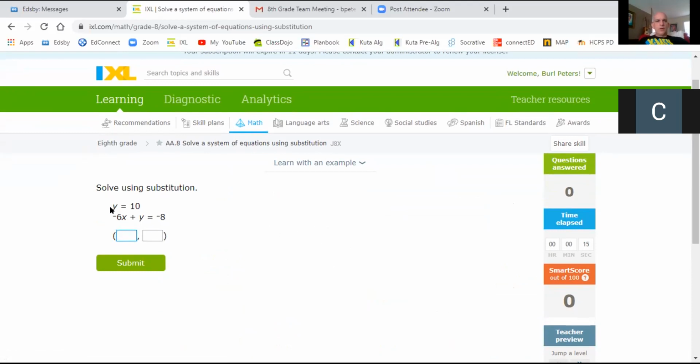So you'll see where one of the equations already tells you a portion of the solution. This first equation here says y equals 10. Well, y equals 10 means that the y value is going to be 10. What I need to then figure out is the x value.